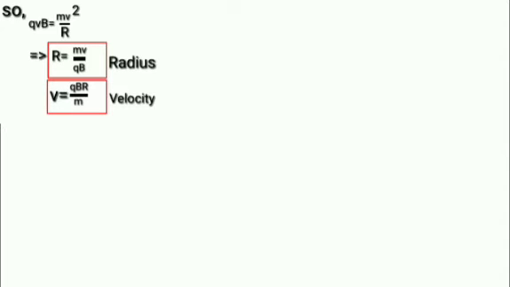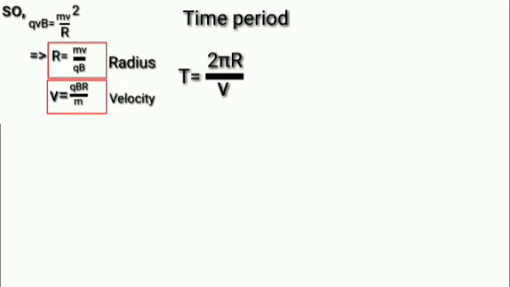Next we need the expression for the time period. This is the time taken by the charged particle to complete the circular motion, that is T is equal to 2 pi r divided by v.